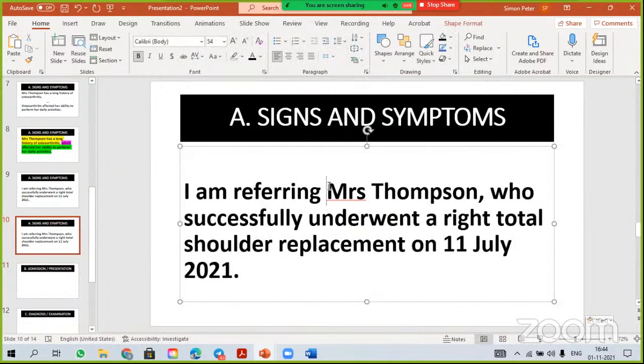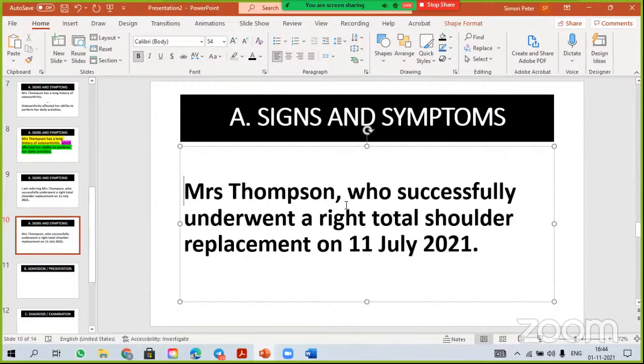So, Mrs. Thompson, I am referring. Remove this. Mrs. Thompson, who successfully underwent a right total shoulder replacement on 10. Here you put a comma.